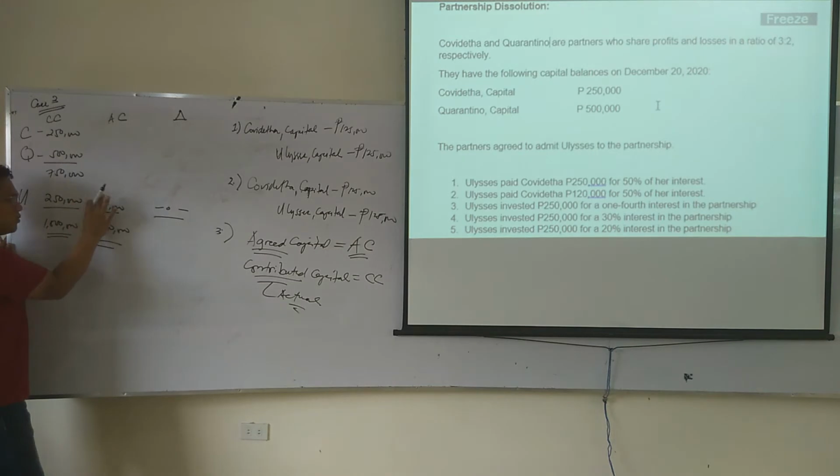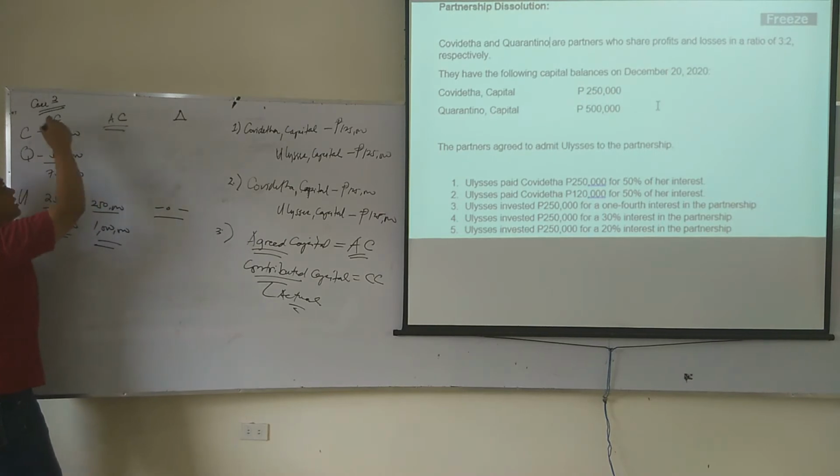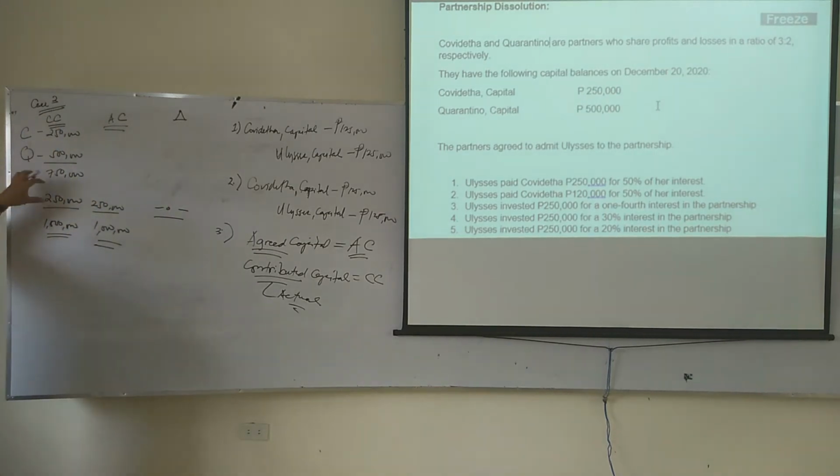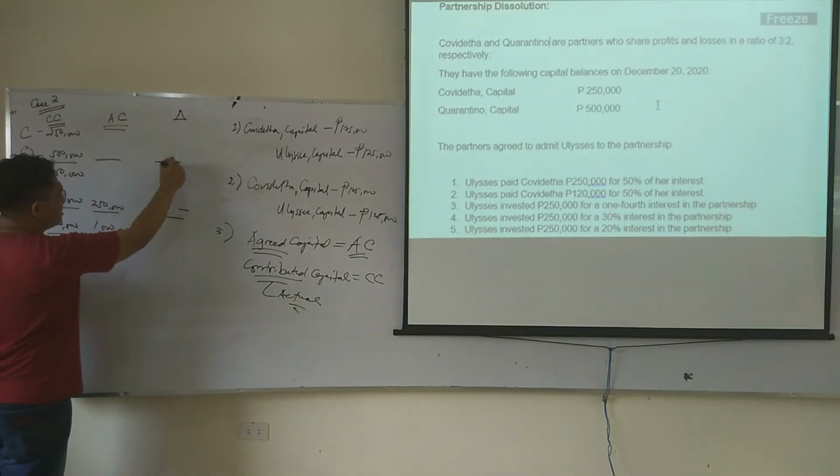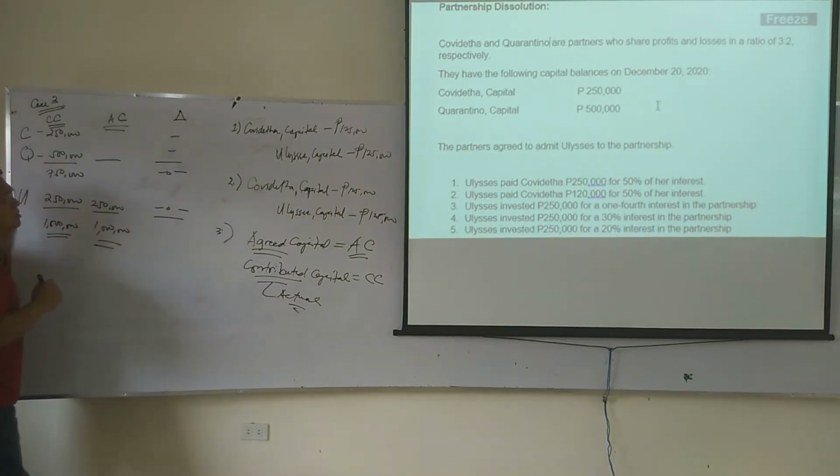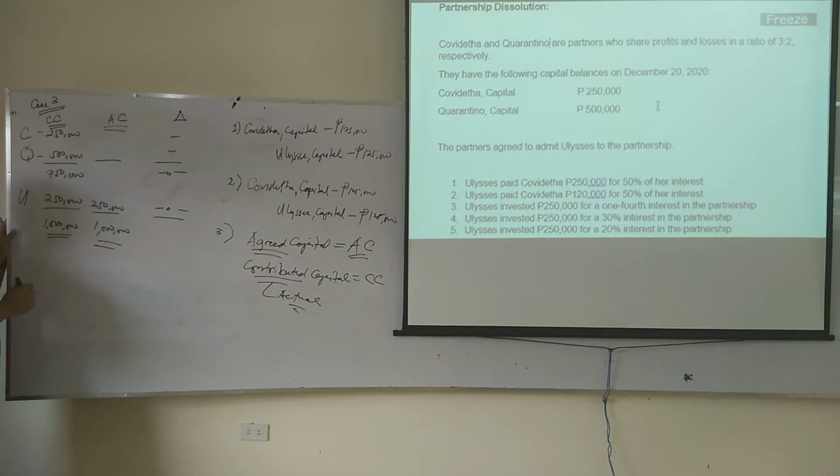Ulysses contributed 250,000 in the partnership for a 250,000 agreed capital. Contributed and agreed is the same, so no difference. That means no changes also for the old partners.